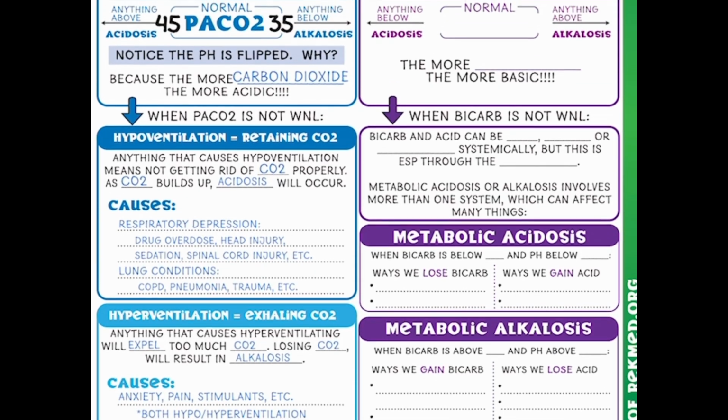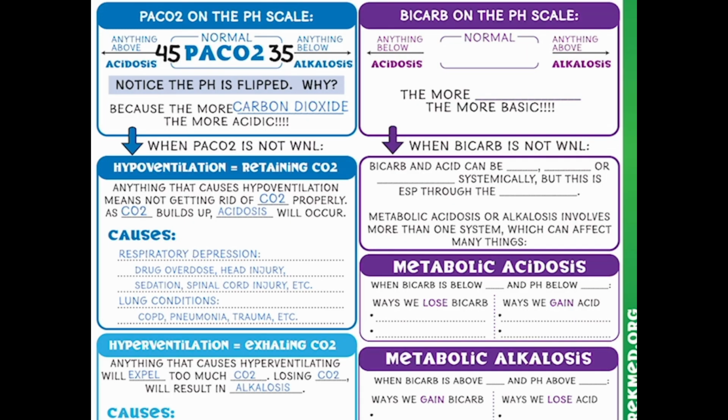So now we're going to jump over to our metabolic side, our kidneys and that whole bicarb. Bicarb on the pH scale, we're going to see a normal range, this HCO3 range, of 22 to 26. And so we remember anything below a 22 is acidosis, anything above a 26 is alkalosis. So the more bicarbonate, the more basic.